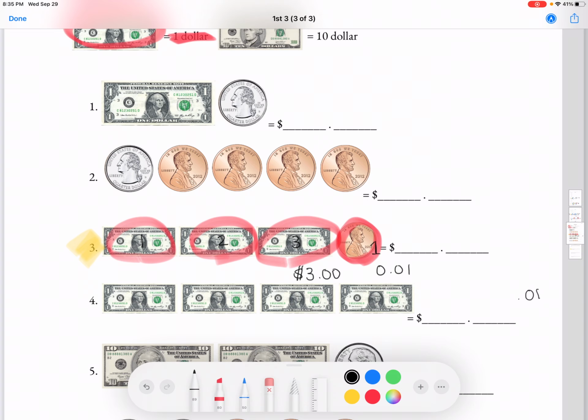If you add this together, it equals 3 and 1 cent. So our total would be $3.01.